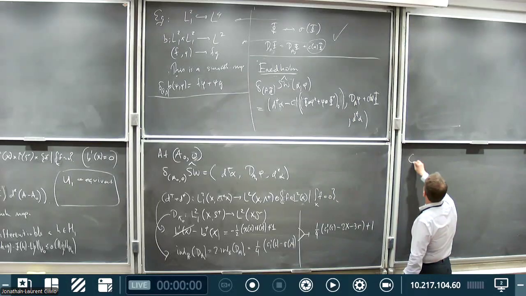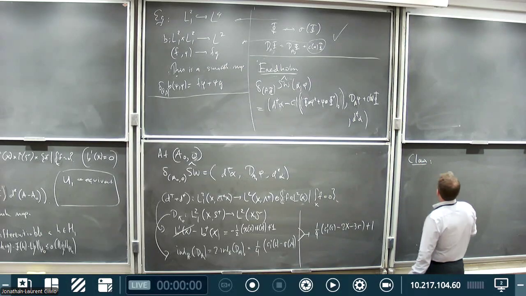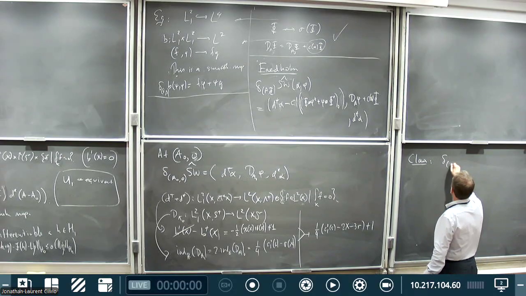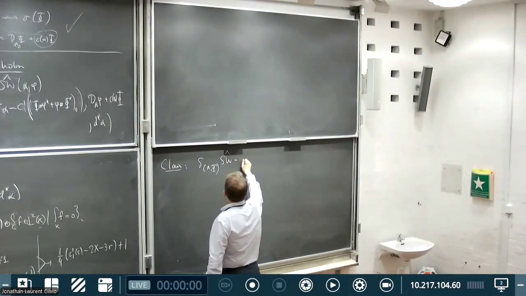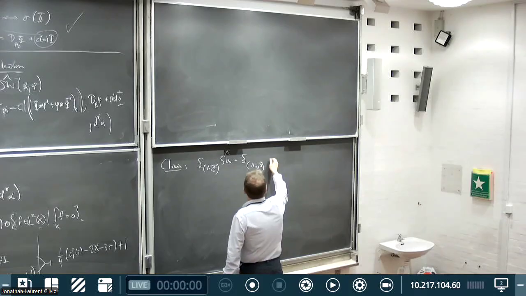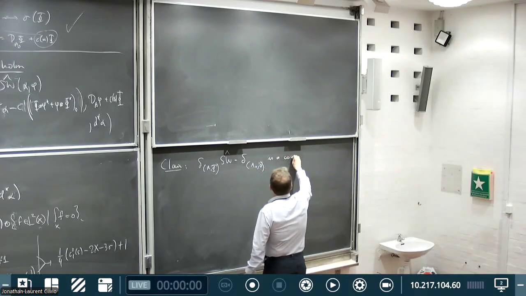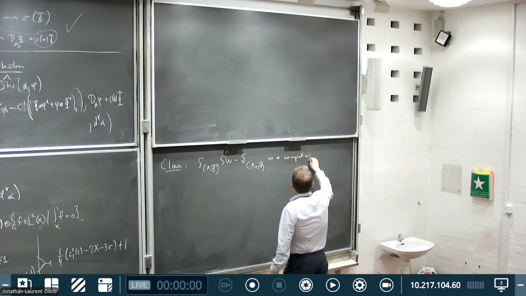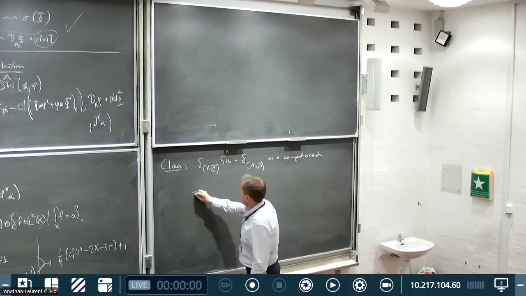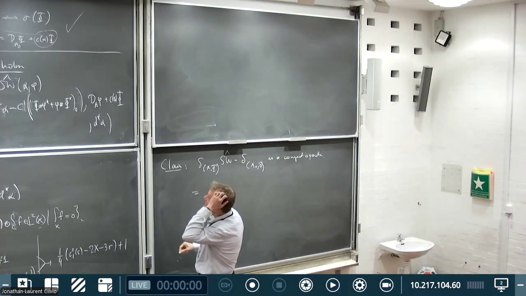So the claim is that this difference is a compact operator, and this difference is what?